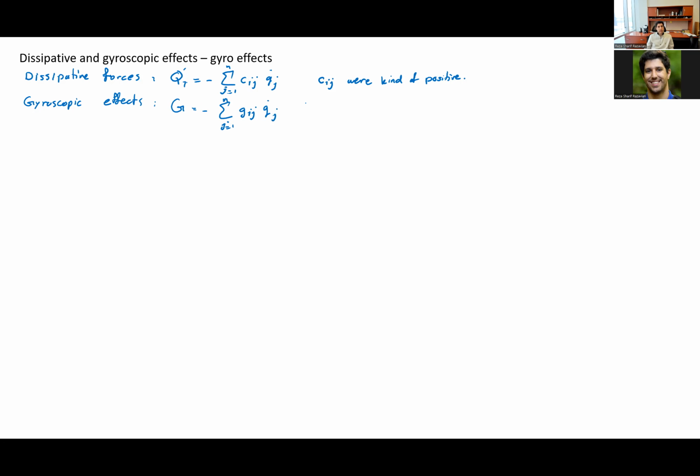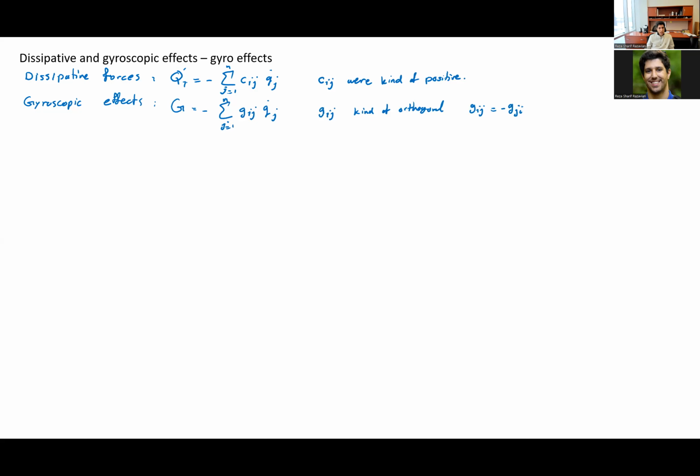But in this case, these coefficients Gij are, again, this is the weirdest I can talk, but they are kind of orthogonal. What that means will be evident later. But long story short, Gij should be opposite of Gji. So that's what we mean. And if the terms have these properties, what we're dealing with is a gyroscopic effect.